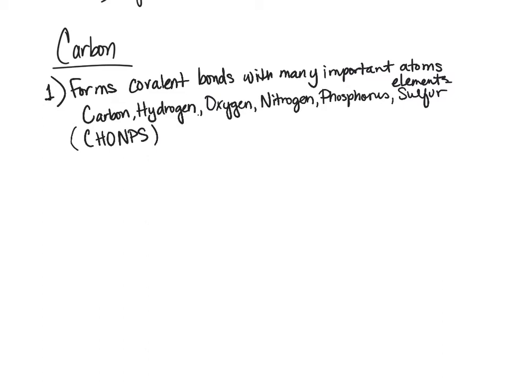Remember if we looked at carbon, I should probably draw that up here. If we take a look at carbon in the center here, we have our nucleus. Remember, when we're talking about carbon, the atomic number is 6, so that means that we have 6 protons in the nucleus.